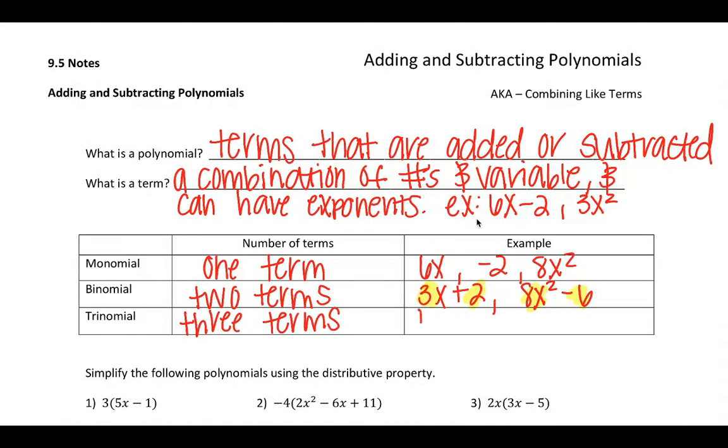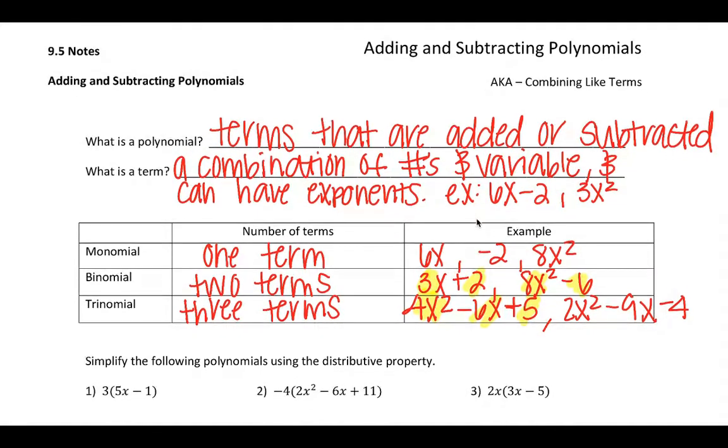Some examples might be 4x squared minus 6x plus 5. Maybe 2x squared minus 9x minus 4. So again, these have 1, 2, 3 terms.